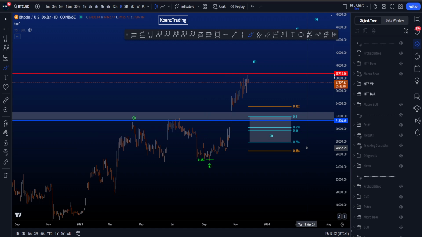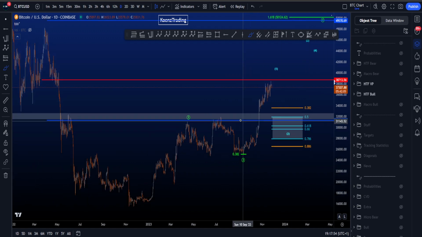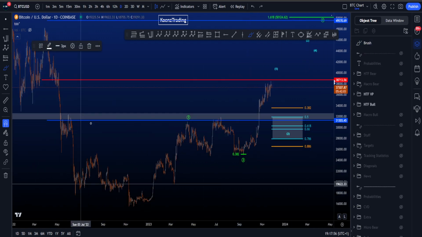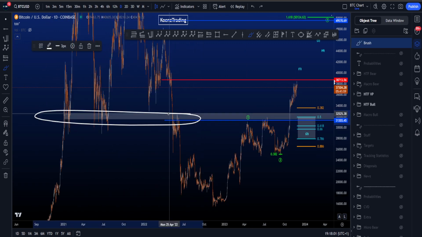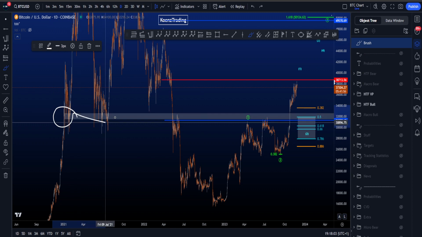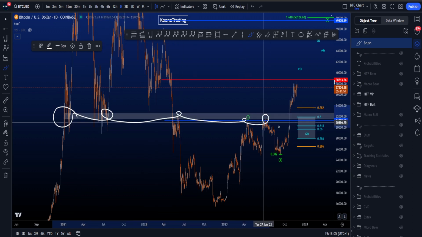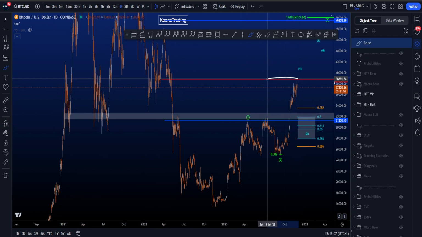Now, what you don't really want to see in this scenario is price losing this white box and the blue lower line over here. The white box is a very important support resistance area. Support, support, resistance, resistance, resistance, eventually going through to that point of control.